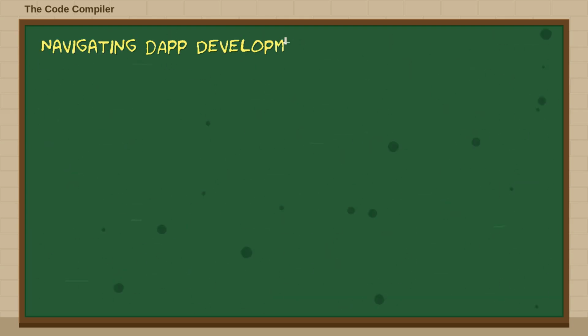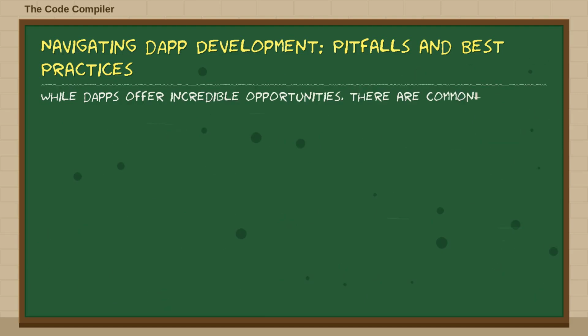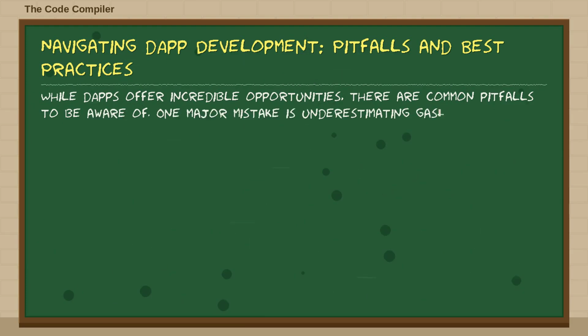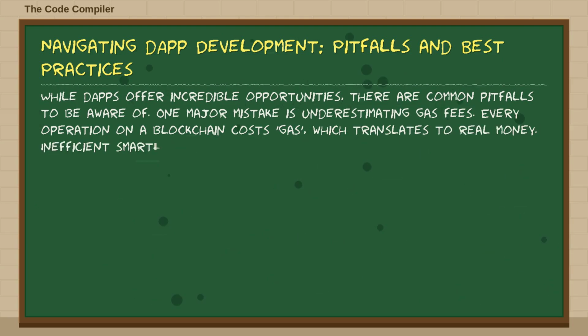While dApps offer incredible opportunities, there are common pitfalls to be aware of. One major mistake is underestimating gas fees. Every operation on a blockchain costs gas, which translates to real money. Inefficient smart contract code can lead to very high transaction costs, making your dApp expensive to use.